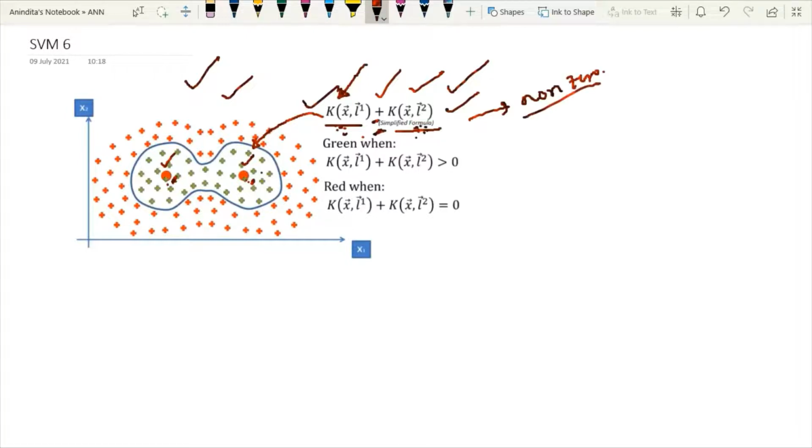And whenever we are getting a non-zero value, it will help us to find this kind of non-linear decision boundary. In this case, we can say that the green points will be where the summation of the kernel functions is greater than 0, and whenever it is equal to 0, it is considered as red points. So this is how this classification will work.